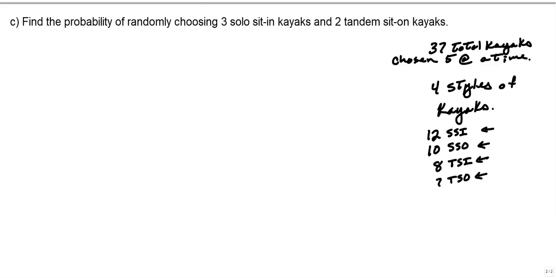Okay, part C says find the probability of randomly choosing 3 solo sit-in kayaks and 2 tandem sit-on kayaks. And this is where the reason that I divided it up the way I did is really going to become important.